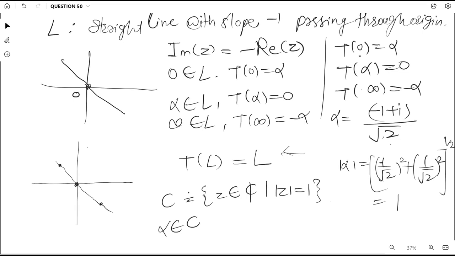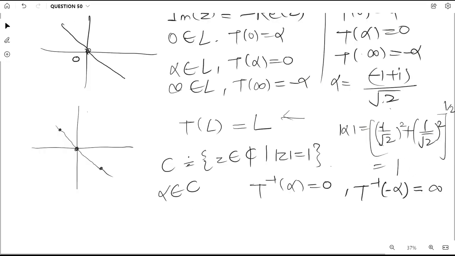And we have T of 0 is equal to alpha. So it implies T inverse of alpha is 0. Again, alpha belongs to C, so minus alpha also belongs to C, and T inverse of minus alpha is equal to infinity, right? Okay, so is there a circle containing both 0 and infinity?